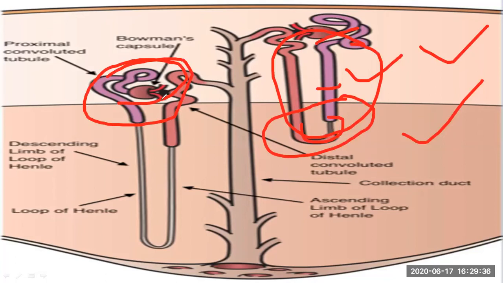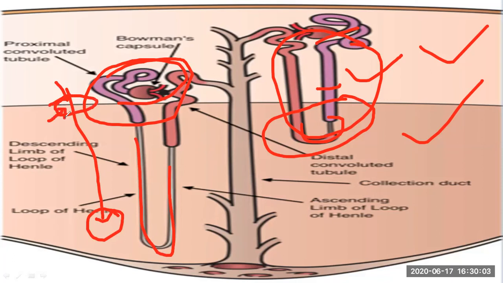Another, this is the juxtamedullary nephron. Why are we saying juxtamedullary nephron? Because if we compare here, the loop of Henle is very large, and this type of nephron enters deep inside the medullary region. So this is called the juxtamedullary nephron. And why are we saying juxta? Because this is the position where the cortex and medulla both meet together.